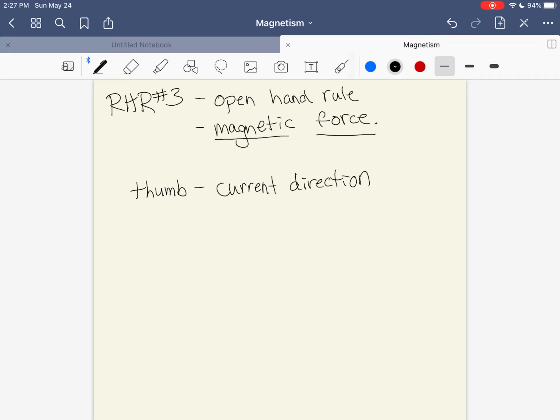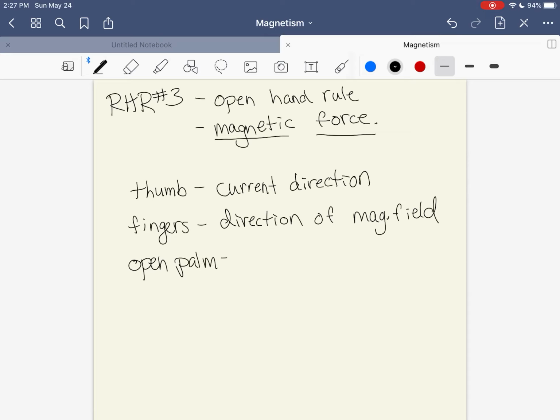Our fingers will be the direction of the magnetic field. And our open palm will face the direction of the magnetic force.